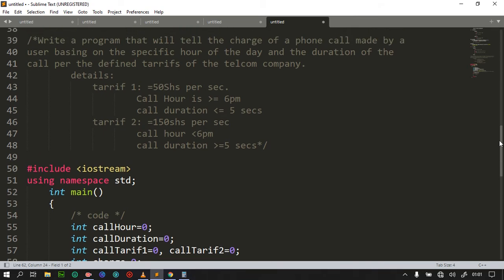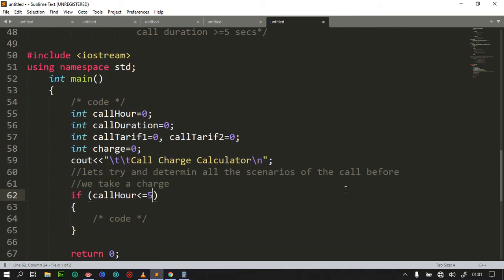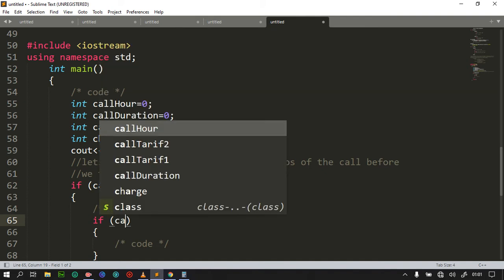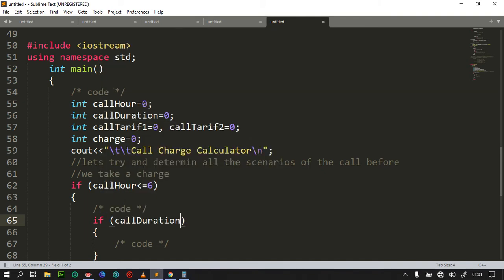Call hour is 6, so we are having 6. Then we shall keep checking at the same hour if the call duration, we said it is less or equal to 5 seconds.